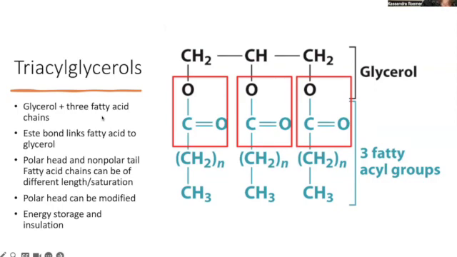Those fatty acid groups can be of different types, so they can be of different length or can be saturated and unsaturated, so they don't all need to be the same fatty acid group. The head can then be modified on the glycerol end, which can then lead to different functions of the lipid.